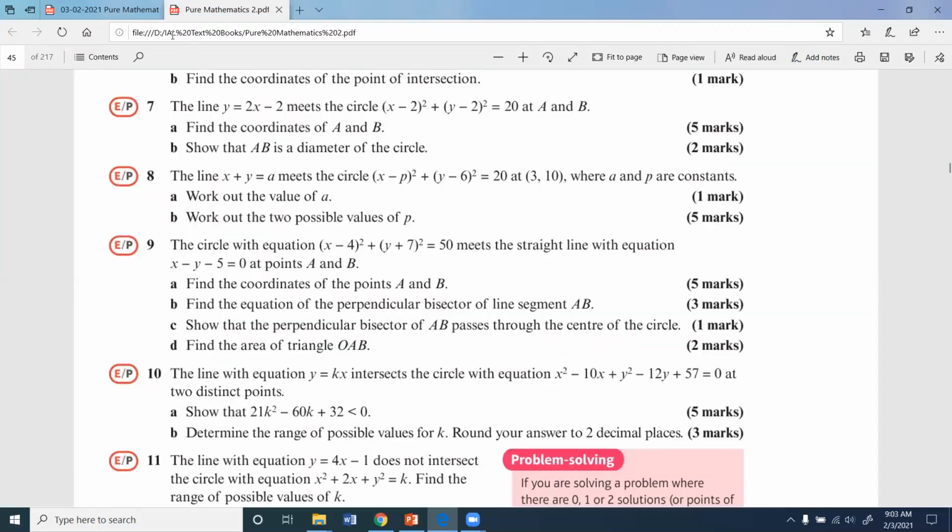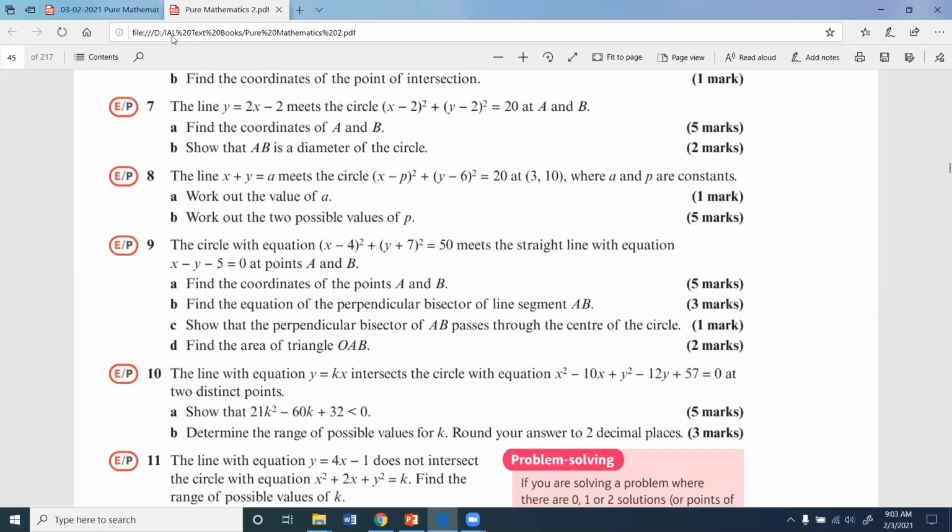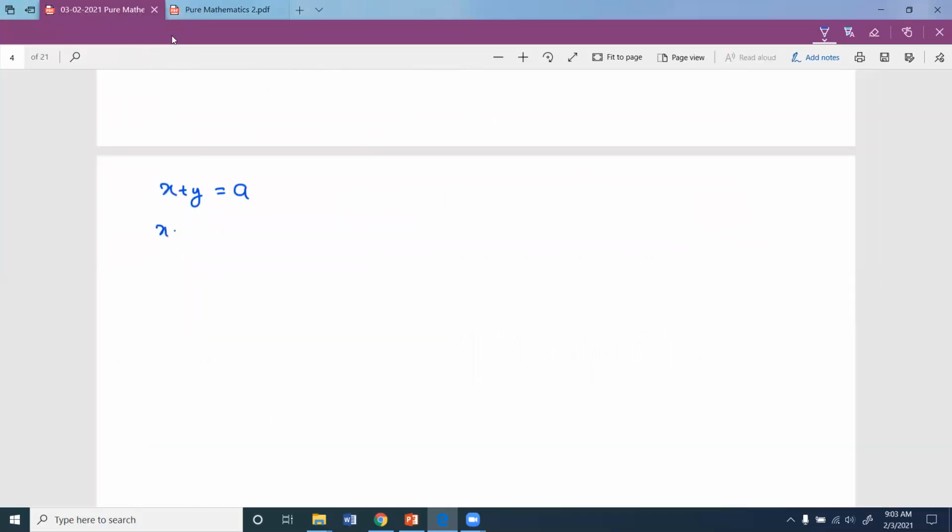The equations are x plus y equals a. And the other equation is this way: x minus p squared plus y minus 6 squared is equal to 20.